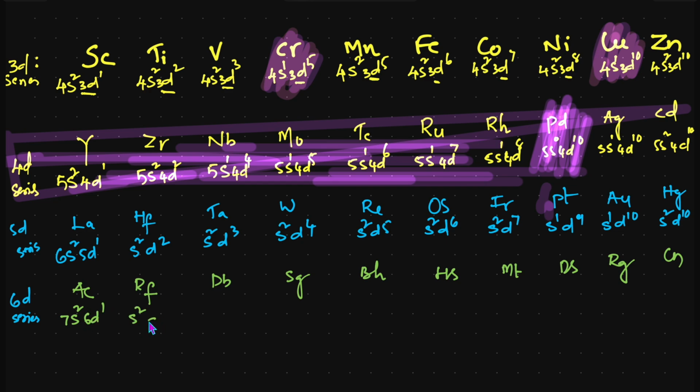So this is s2 d2, this is s2 d3, this is s2 d4, this is s2 d5, bohrium is s2 d5, hassium s2 d6, meitnerium s2 d7, darmstadtium is s2 d8, and Rg is s1 d10, this is s2 d10.